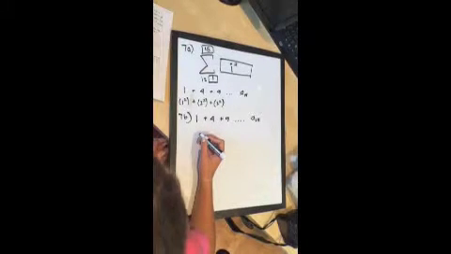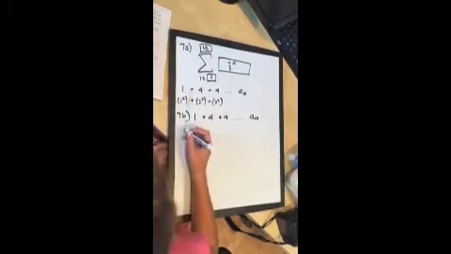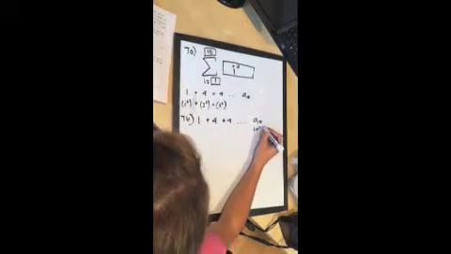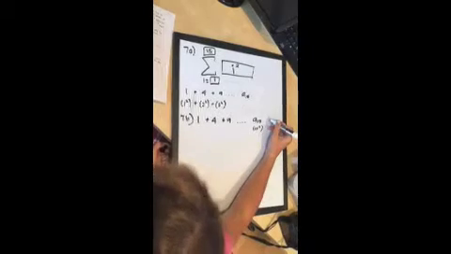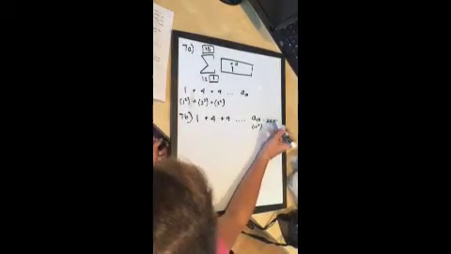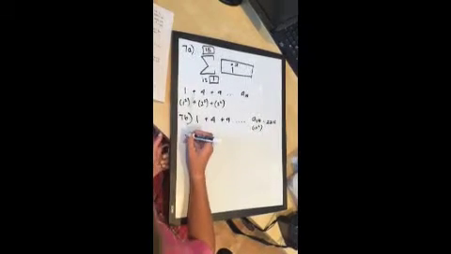To find the 15th term, it would basically just be 15 squared. And 15 squared is 225. So, that's our 15th term.